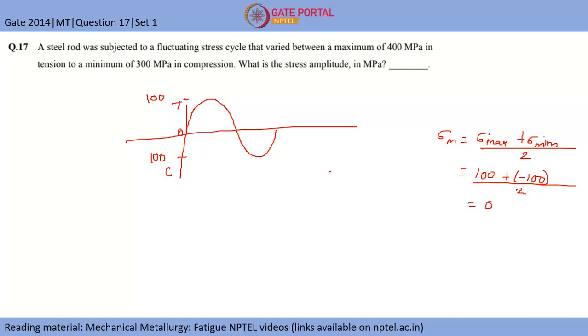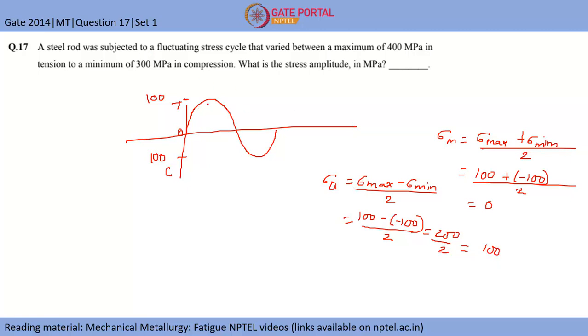And alternating, if you want to calculate for this cycle, sigma A will be sigma max minus sigma min divided by 2. Sigma max is 100. So in tension you have to take sigma max. So 100 minus of minus 100 divided by 2.